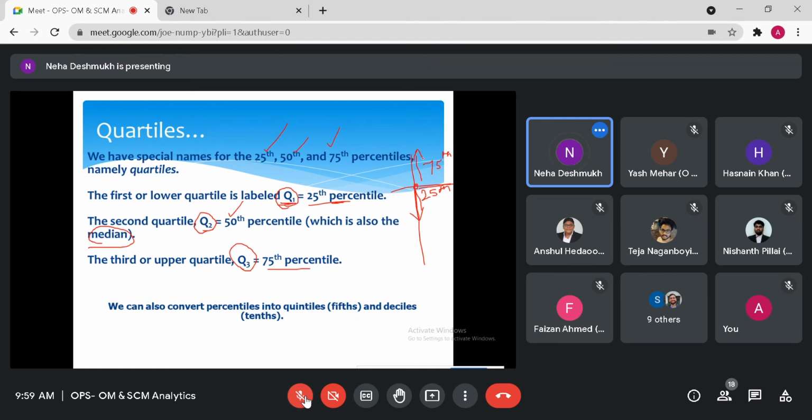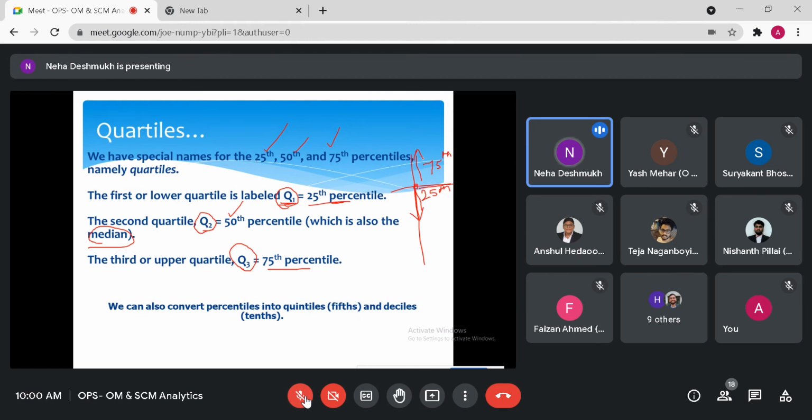Ma'am, please explain it again. Percentile, it is the relative position with respect to the highest value. In percentage, we calculate your percentage with respect to 100. While in percentile, it is the relative standing. Okay, highest mark is suppose 25.